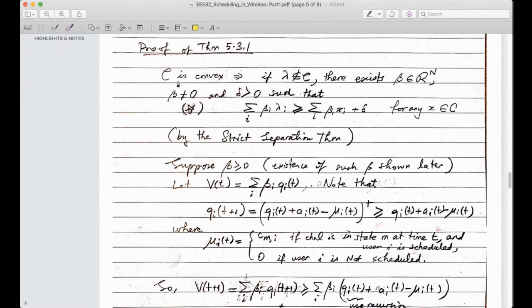First of all, notice that the capacity region that we defined is convex. So we can use a separation theorem. What does the separation theorem say?